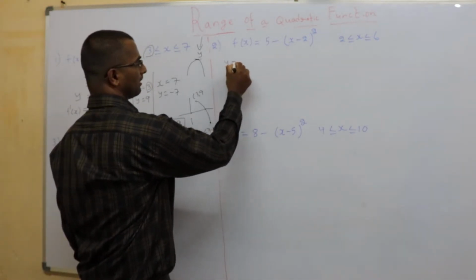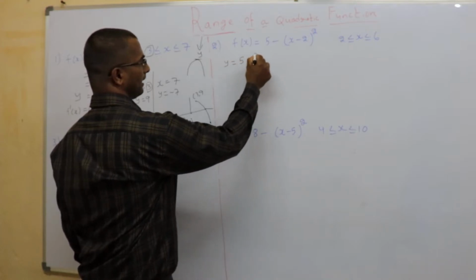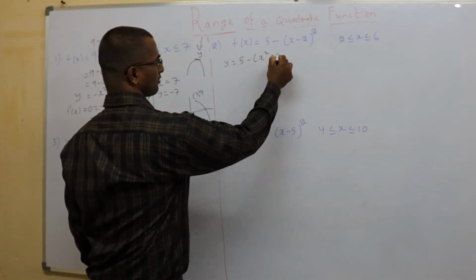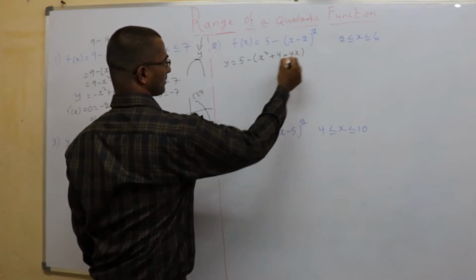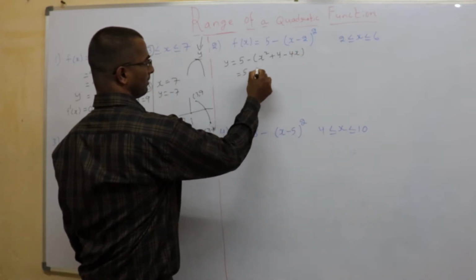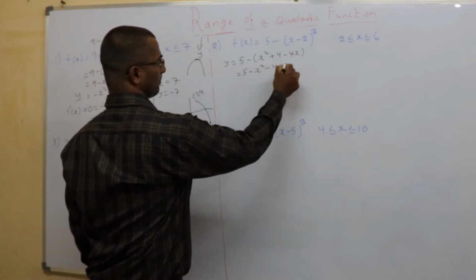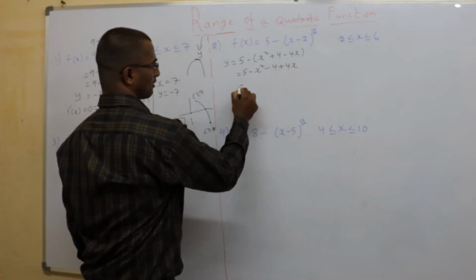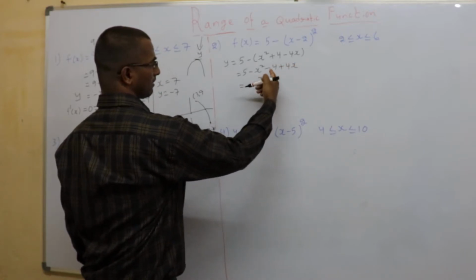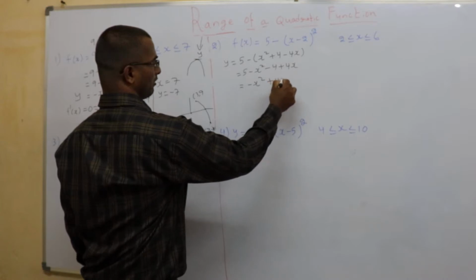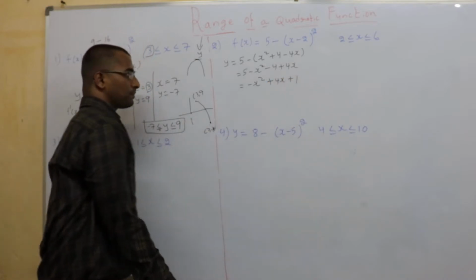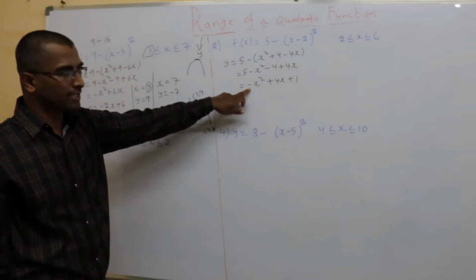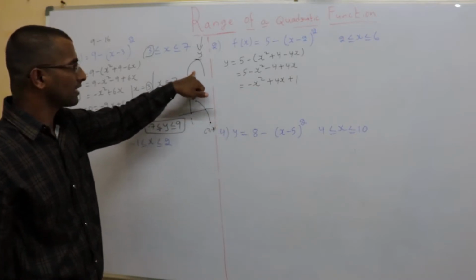Next one. Look at this one. Expand it again. I get 5 minus x square plus 4 minus 4x, which is 5 minus x square minus 4 plus 4x. So I get minus x square plus 4x plus 1. Sign before x square is negative, so I get this graph.